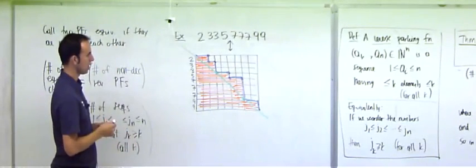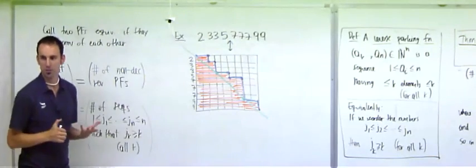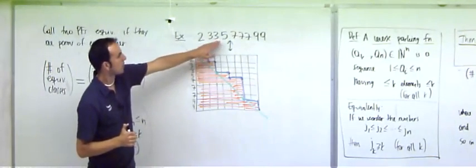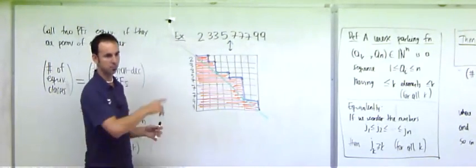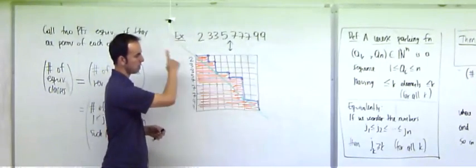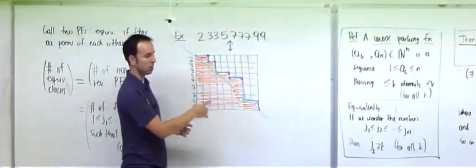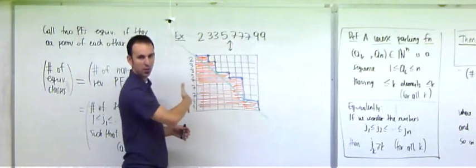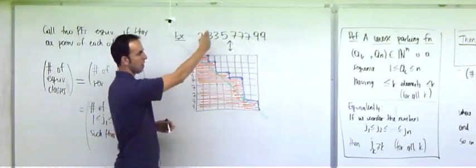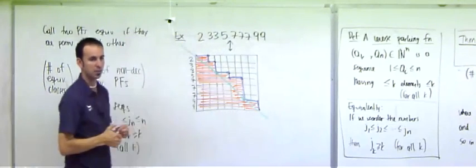And I think you'll agree that this is a bijection. Given numbers like this, you can get a path that never crosses the diagonal. And given such a path that doesn't cross this diagonal, just color it in and see how many cells you colored in each row, and you're going to get this back.